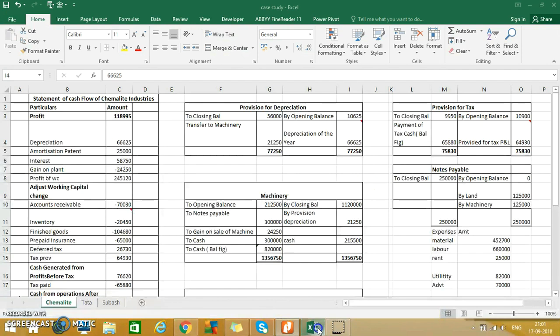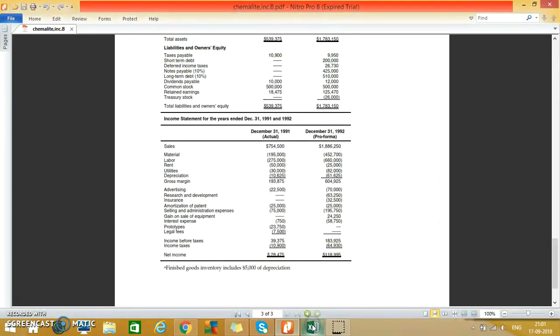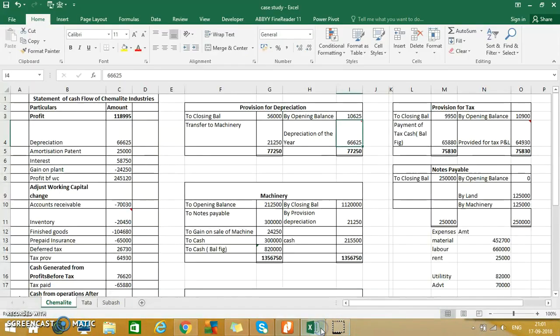So let us take this adjustment here and we add back that depreciation here. 61,625, add to it 5,000 of depreciation, which was not included in the depreciation account but was included in the stock. So you remove it from the stock and add it here. So it becomes 66,625, which is the depreciation for the current year.